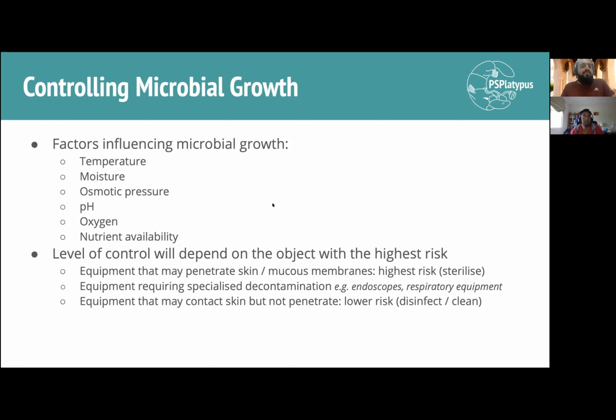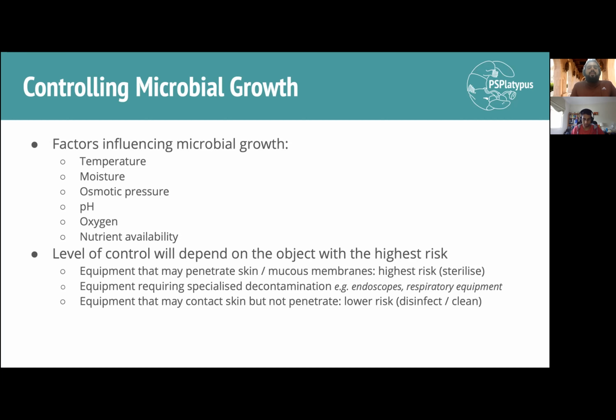And there are some factors that influence microbial growth, as we mentioned before: moisture, temperature. Some microorganisms can grow in high temperature, osmotic pressure, pH, presence or absence of oxygen, and nutrient availability. Which level of control we need, whether cleaning, disinfection, or sterilization to clean this object, depends on how high the risk of this object can be for us.